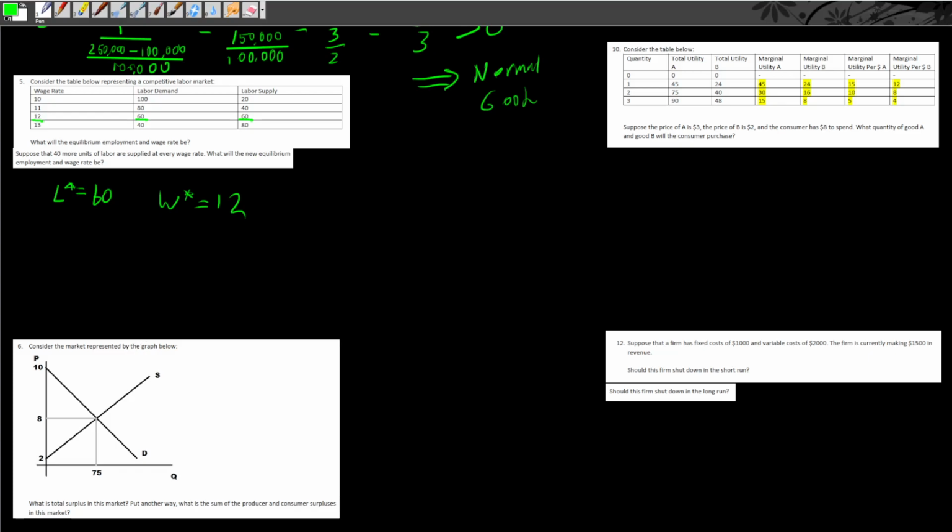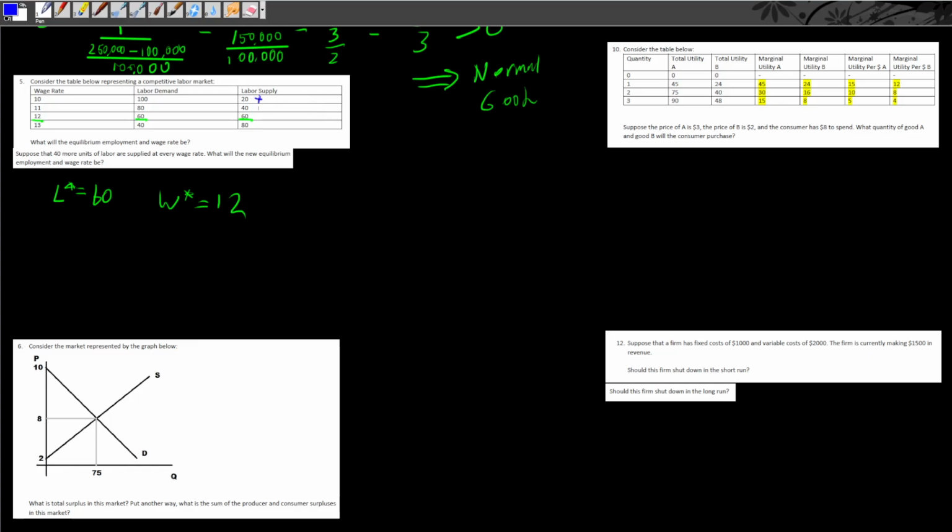So just like before, we need to modify one of the curves, in this case the labor supply curve. So we add 40 to each value. So we get, let me change that to a darker marker.